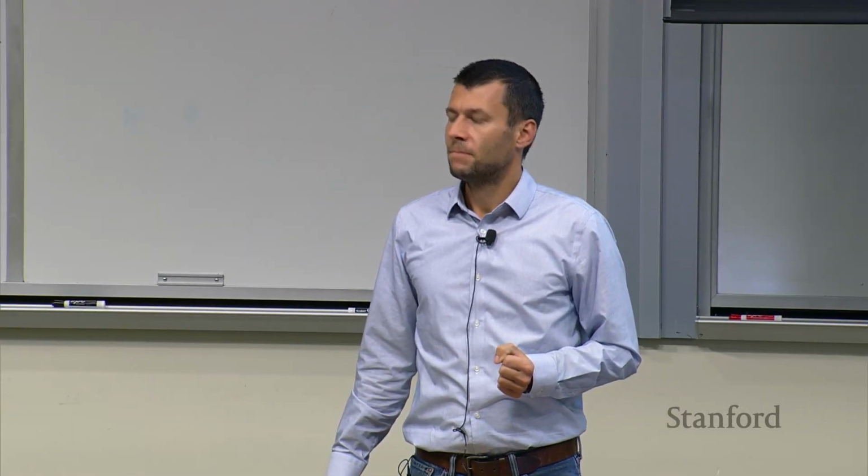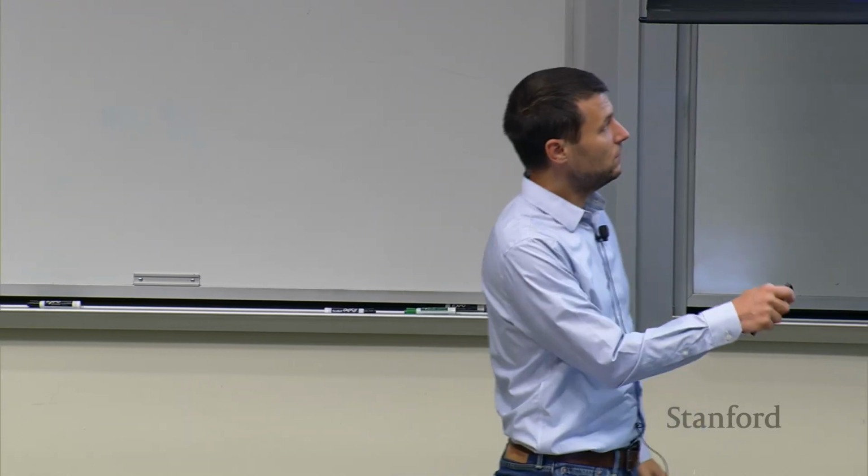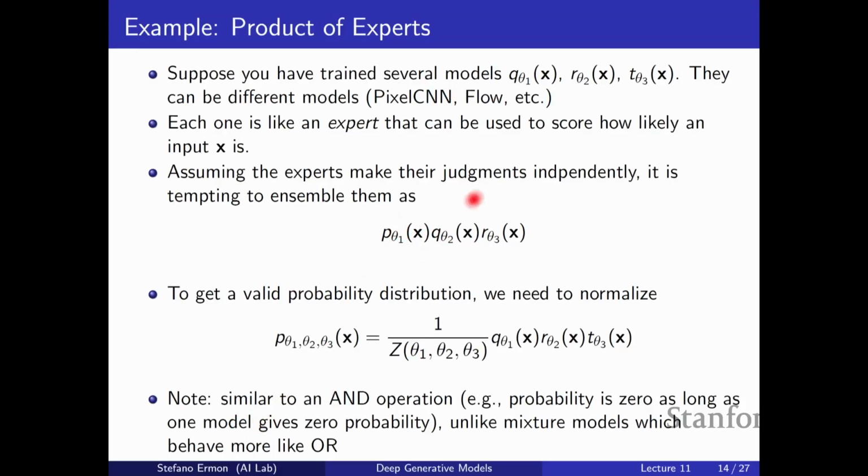How is the product of experts related to the energy-based model formalism? If you have individual probability density functions or probability mass functions and you multiply them together, you get another function which is non-negative but not necessarily normalized. To normalize it, you have to divide by this partition function, and from that perspective, it's an energy-based model.